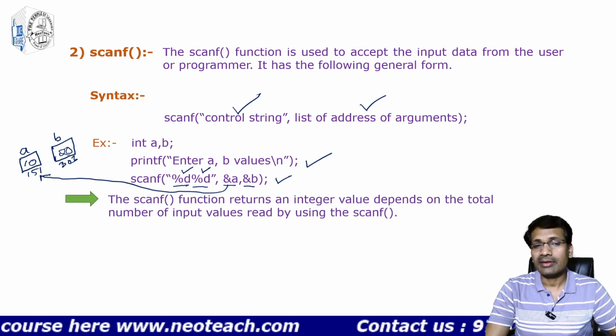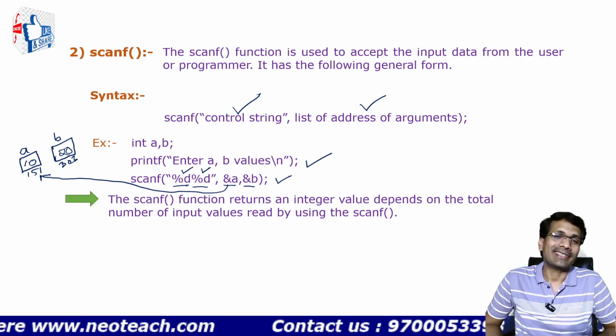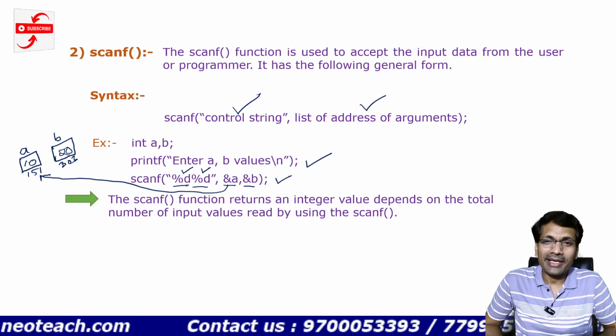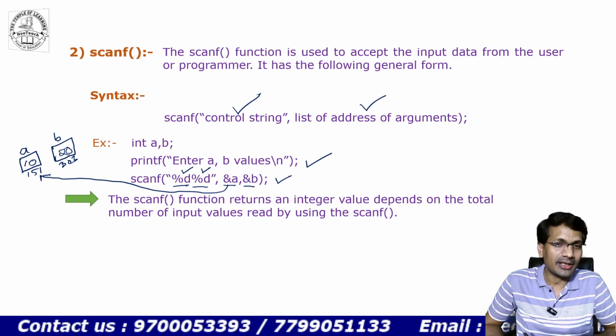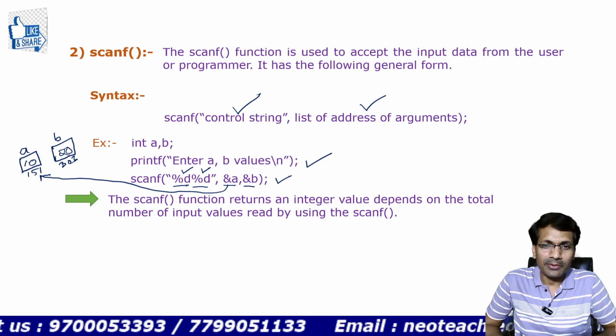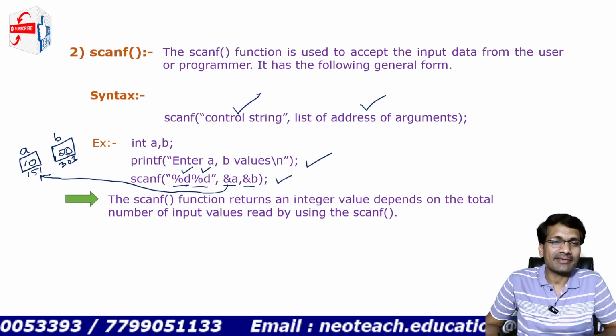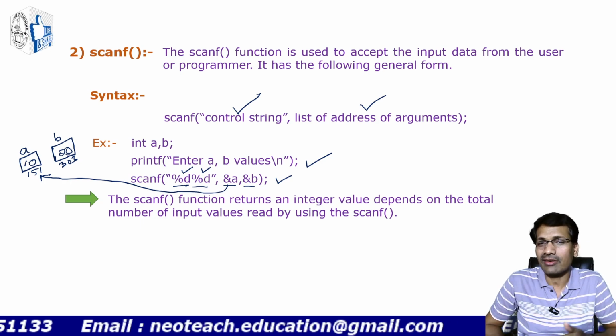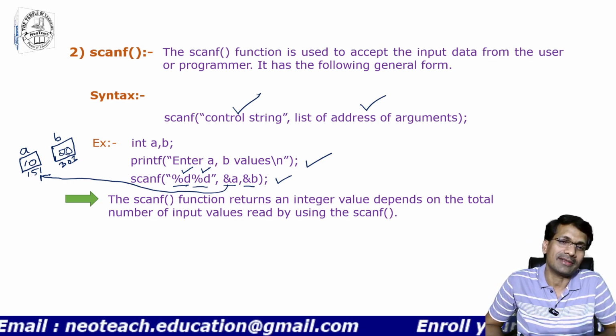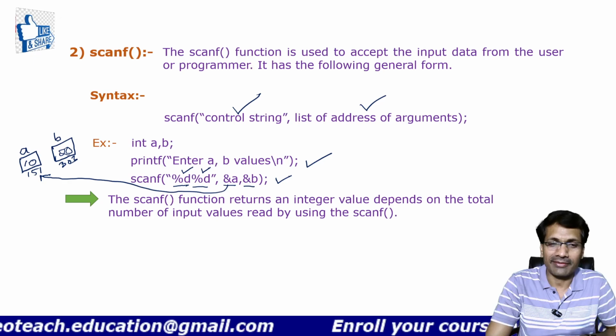Now, the scanf function also returns an integer value. It depends on how many variables' values are read by scanf from the keyboard. From the keyboard we are taking input for 2 or 3 or 4 variables, depending on the number of variables, and it returns that numeric value.